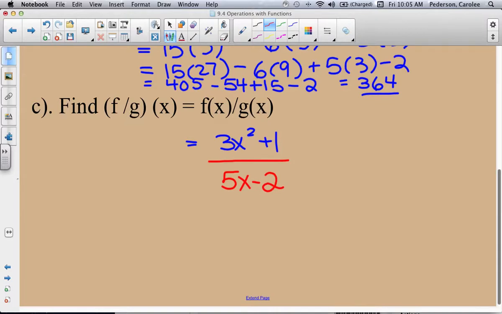So f divided by g equals 3x squared plus 1 all over 5x minus 2.